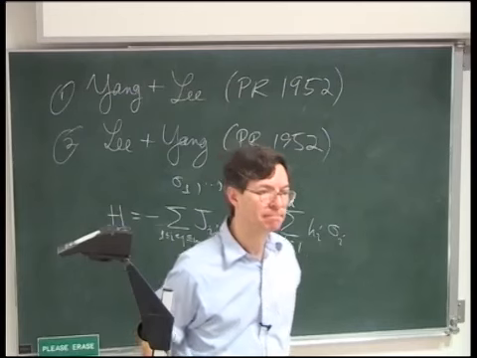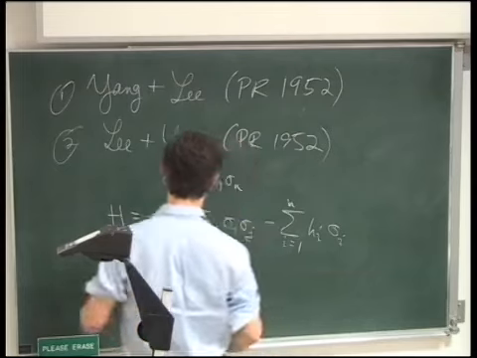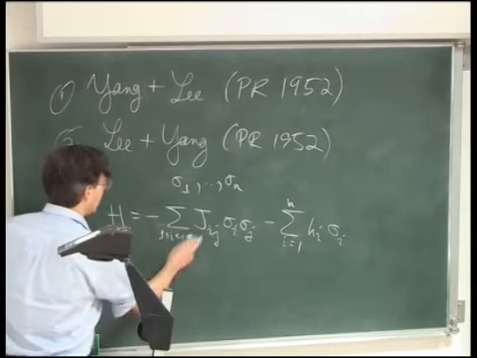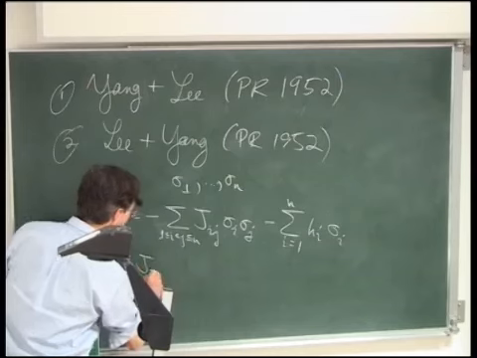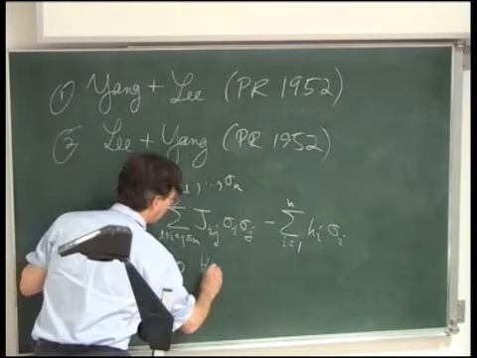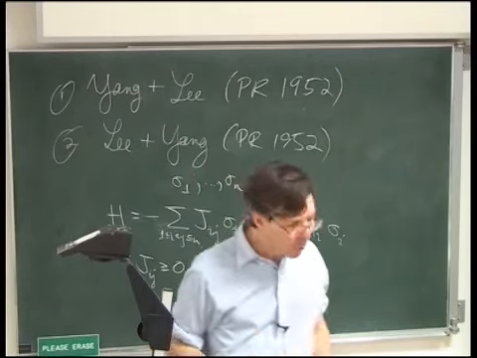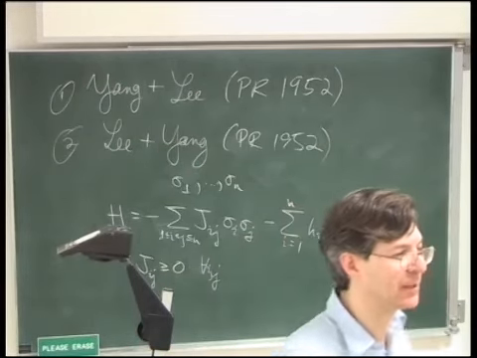Alan, you want it to be ferromagnetic. I'm going to get there. Okay, that's the Hamiltonian, and here are the conditions. The couplings are going to be ferromagnetic. J_ij is supposed to be non-negative for all pairs ij. But otherwise, there are absolutely no conditions.